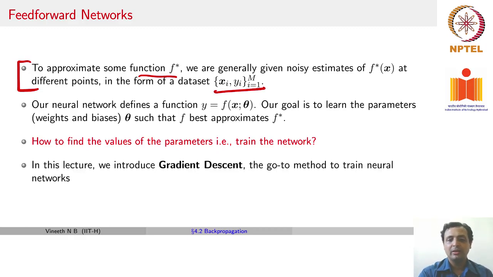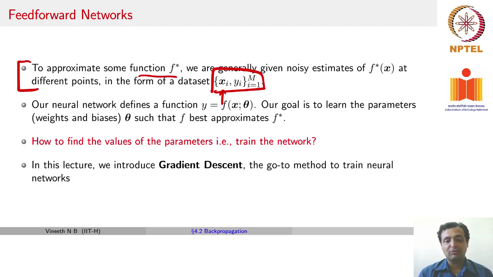Xi, yi, x is a vector that could have several dimensions. Yi is the output label corresponding to that particular input data point xi, and there are a total of m such examples in your dataset. You could assume that these examples in your training dataset are instances of the overall function f star that takes you from x to y.